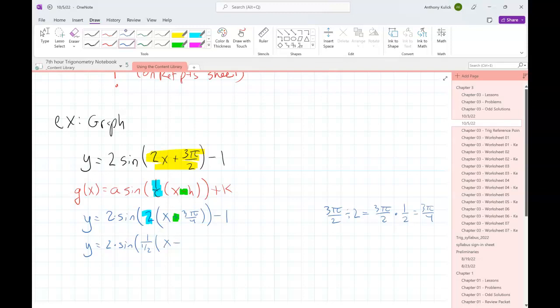And then how do I write a plus as a minus? Minus a negative. So those are my values for a, c, h, and k.